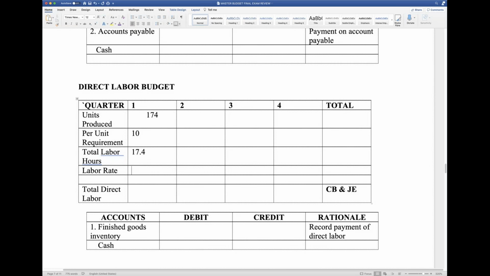How much is he supposed to be paying them? $40 an hour. What's the total direct labor? 40 times 17. All right, so it's 696.